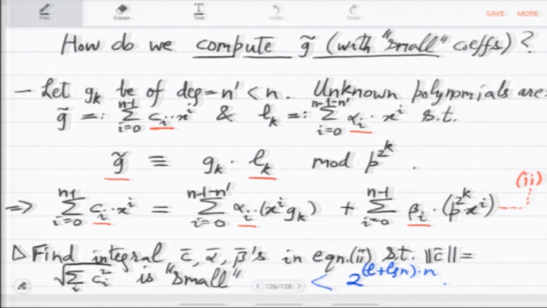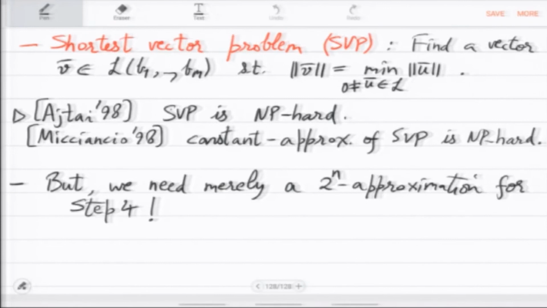And for that ambient space of n, step 4 requires a C bar to be around 2 raised to ln. And 2 raised to L is also an upper bound for the coefficients in the input. So in terms of n, actually it's an exponential approximation that you are looking for. So the demand on C bar is very relaxed, and that will save us.